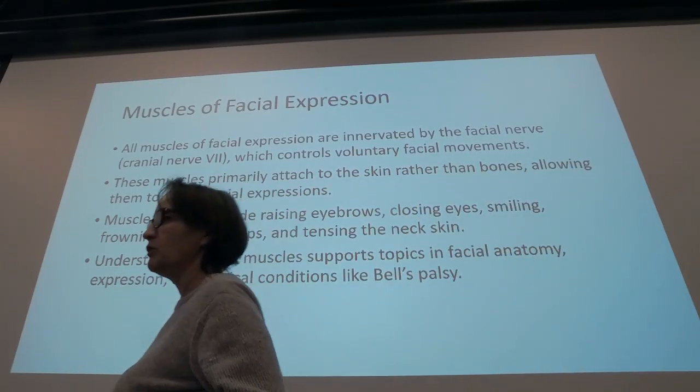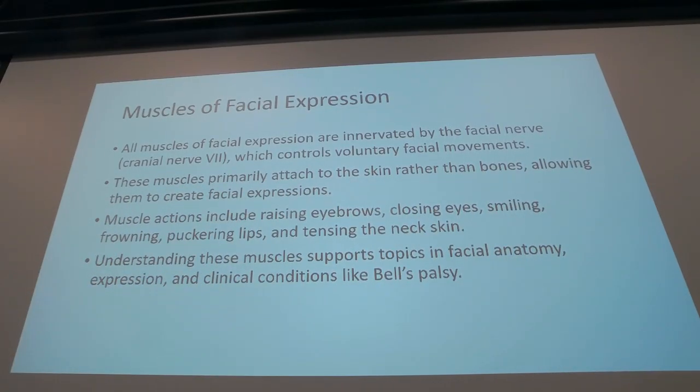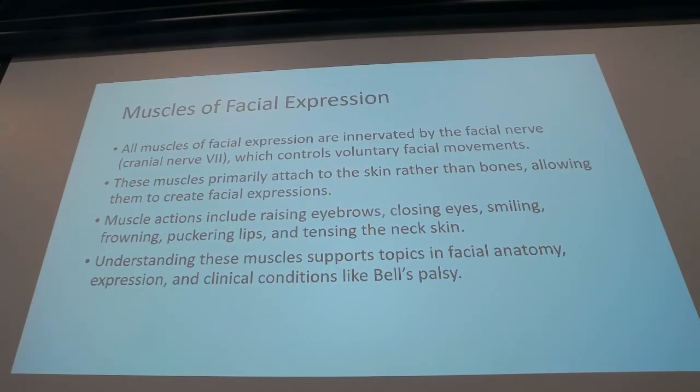Okay, so now we can move into looking at individual muscles. So, muscles of facial expression. Muscles of facial expression are located in the face, and they typically insert into the dermis of our skin.